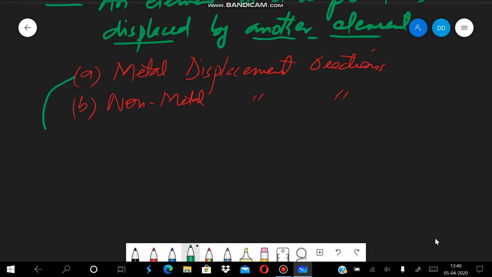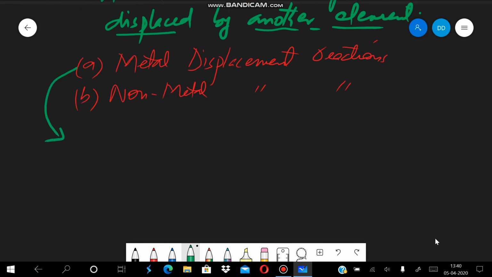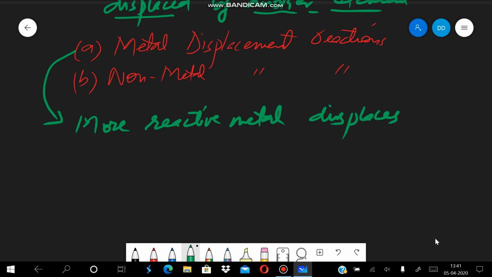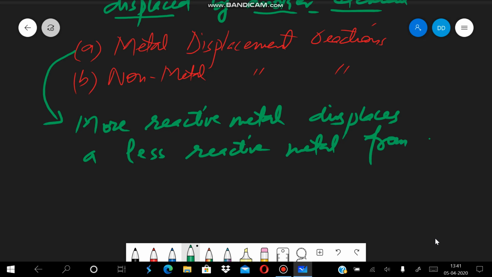Now in the first case, in the metal displacement reactions, what happens? A more reactive metal displaces a less reactive metal from a compound which is usually a salt.